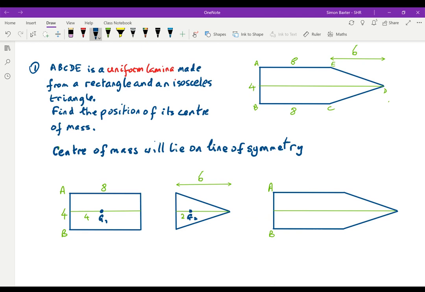In the combined figure, we would expect the center of mass to be somewhere a little beyond halfway in the rectangle. Somewhere about there seems fairly sensible. So let's put G here, and let's suppose that that is a distance of x bar from the line AB.